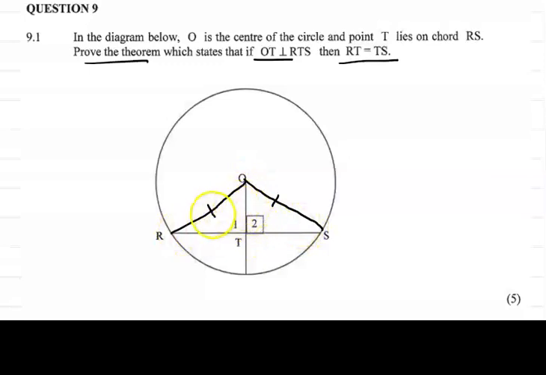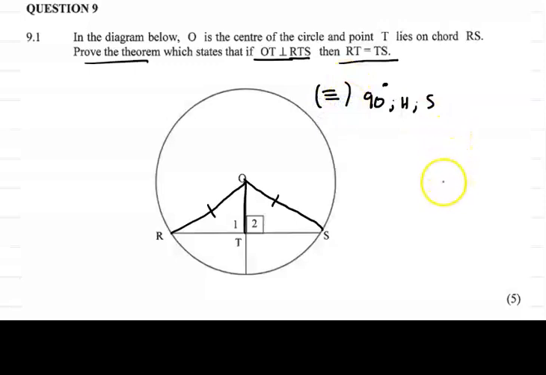And if you look carefully, you'll be able to see that OR equals OS, radii, T1 equals T2. That is because we are given that OT is perpendicular to RTS, and we have a common side here which is OT. And therefore, we would be able to show that the two triangles are congruent by the reason 90 degrees, hypotenuse, and side. Remember that for congruency, we can show one of four cases that two triangles are congruent.